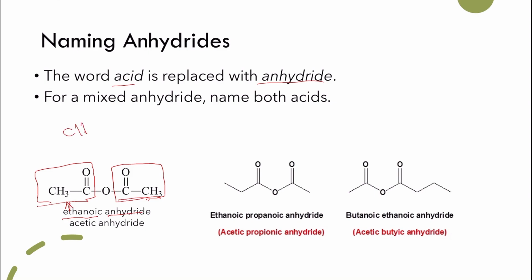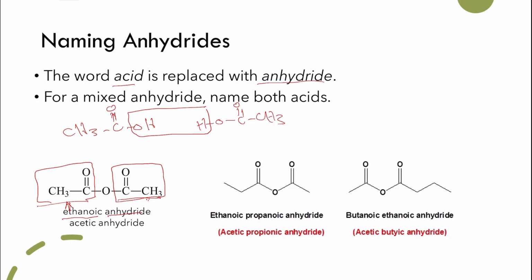So basically acetic acid is this one. If you combine two acetic acids together and remove the water, you're going to end up with acetic anhydride, or in the IUPAC system, it's going to be ethanoic anhydride.